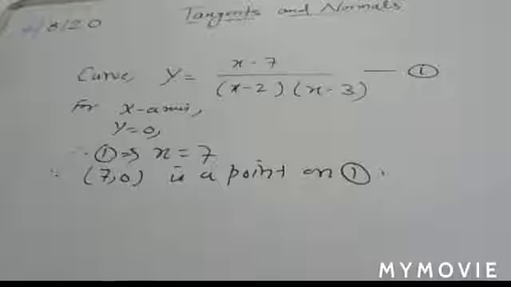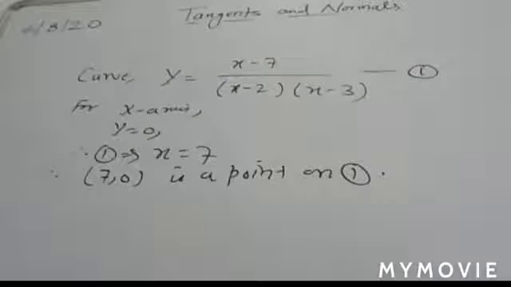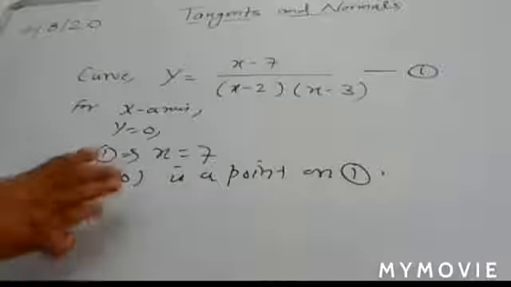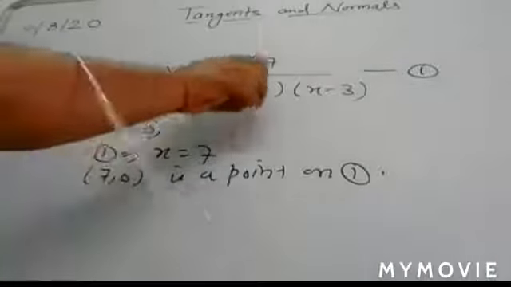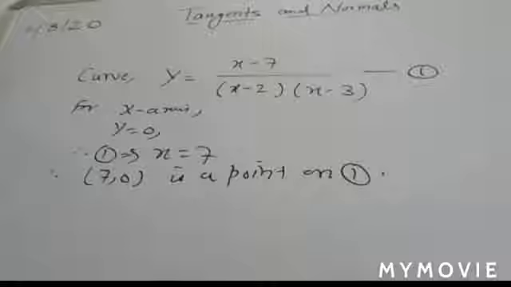And you have to find its derivative at the given point. Understand? So what is its derivative? If you differentiate here, you apply the quotient rule.